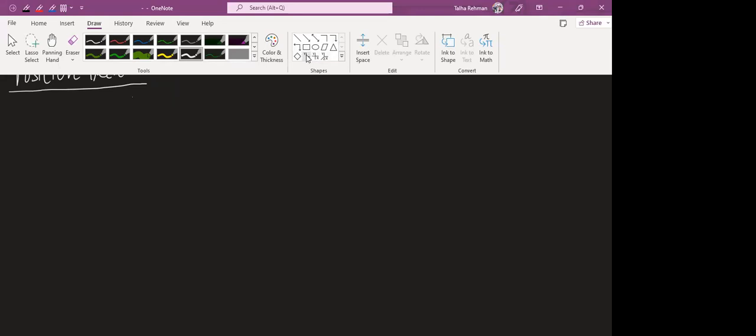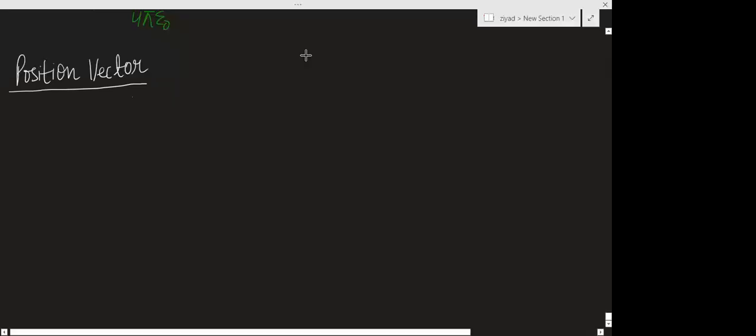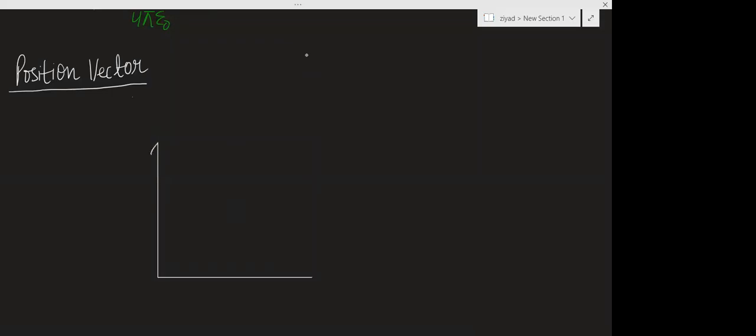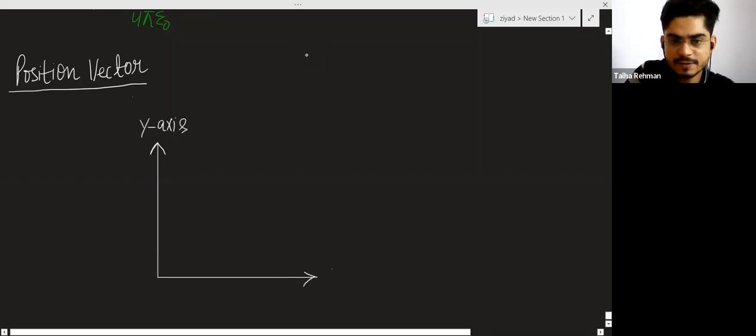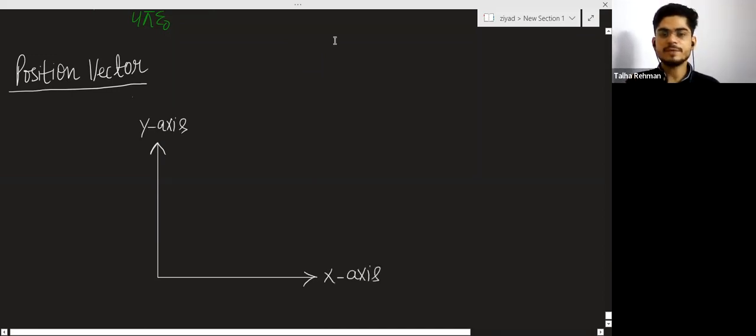I will take two coordinate axes. This vertical axis is the y-axis and this horizontal axis is the x-axis. Suppose I am taking a point.